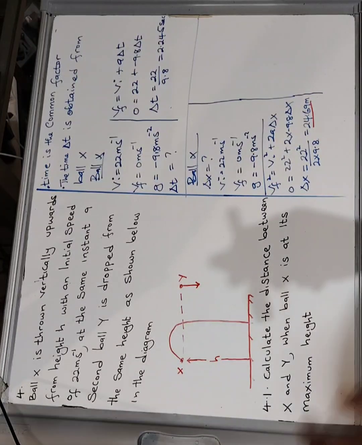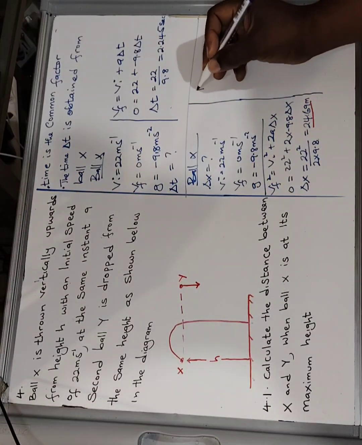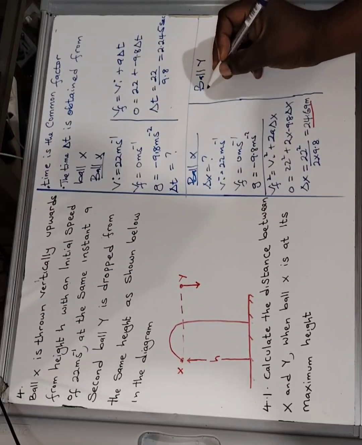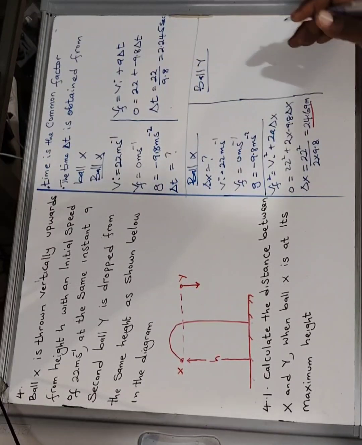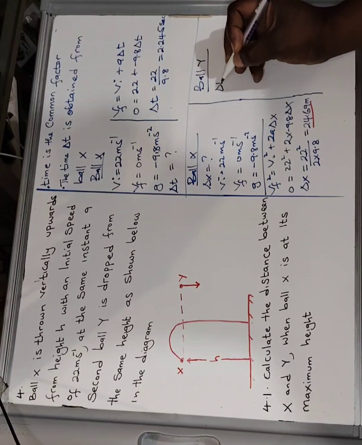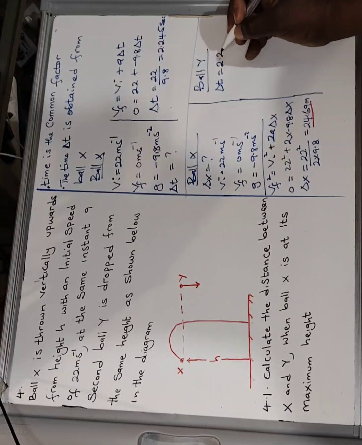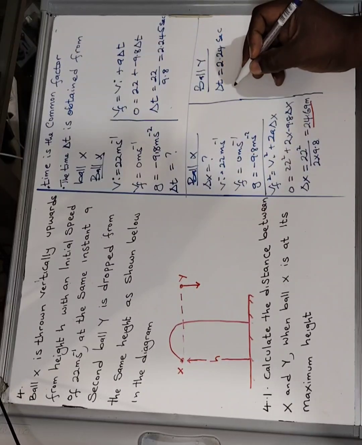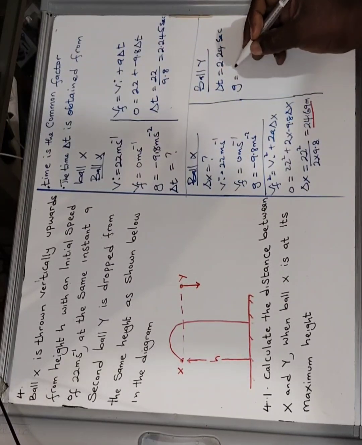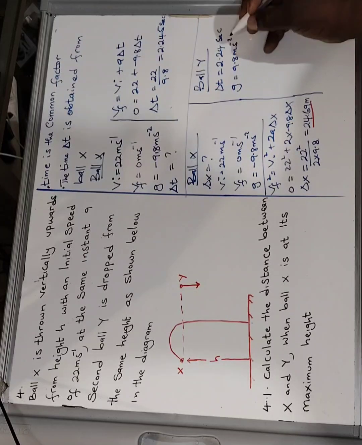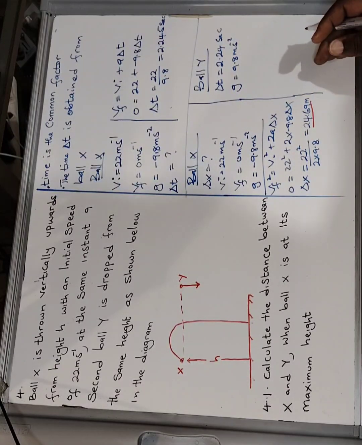Okay, let's go to ball Y. What do we have? First of all, we know that we are going to cover displacement in that time, which is 2.24 seconds. What else do we know? We know g, which is 9.8 meters per second squared, because it's going downwards.